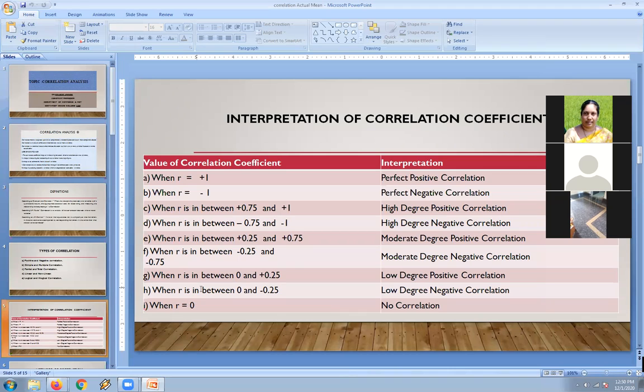If the value of R is between 0, it is not plus, it is 0 itself, and +0.25, starting from 0 to 0.25, it is called low degree positive correlation. If the value of R is 0 to -0.25, it is called low degree negative correlation. If the value of R is equal to 0, we say it is called no correlation.